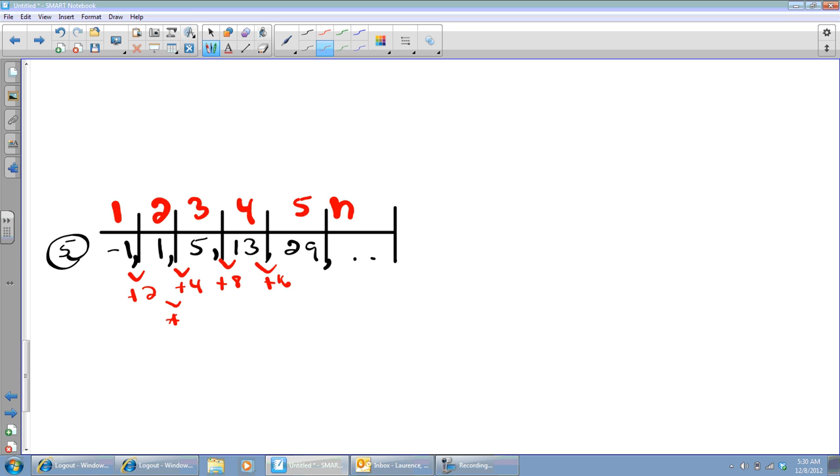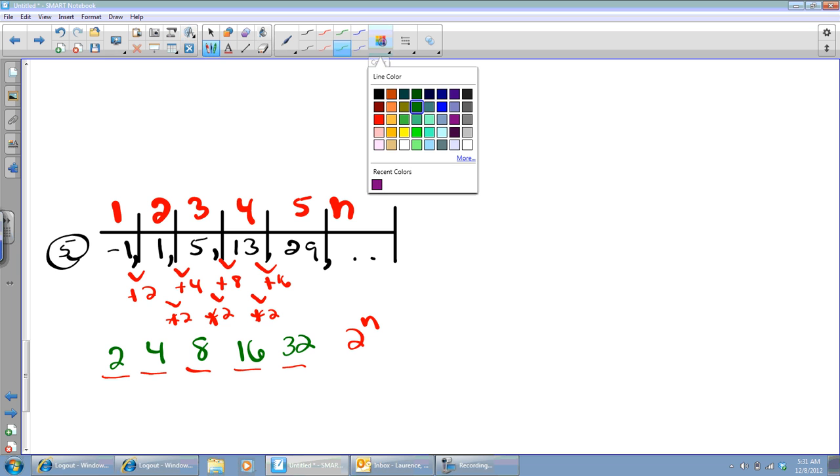Times 2, times 2, times 2. So that means my answer will be something like 2 to the power n. Make a comparison line here. To the first, to the second, to the third, to the fourth, and to the fifth.